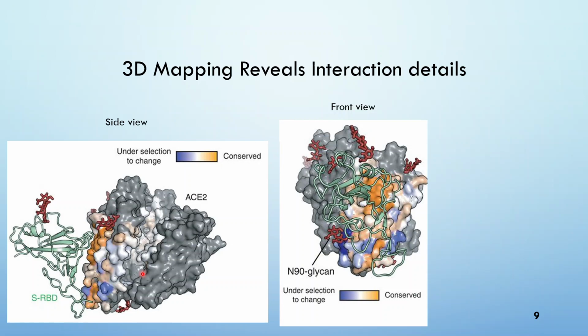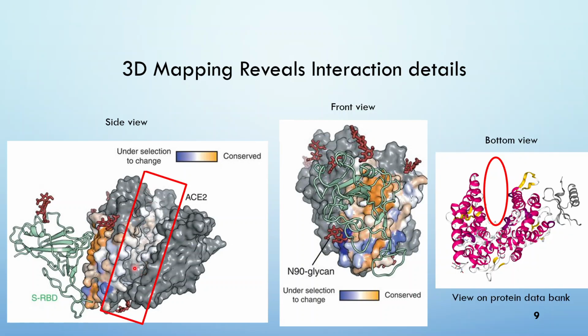And in fact, this white valley here is the catalytic site of ACE2, and it is not involved in the binding of spike protein. Here I have grabbed another image from the protein data bank, and hope it's a bit clearer. This is a bottom view that you can see that there's a huge cleft, a valley here for the function of ACE2 receptor.